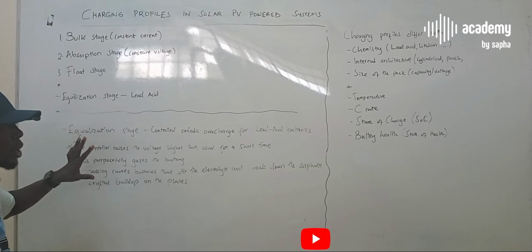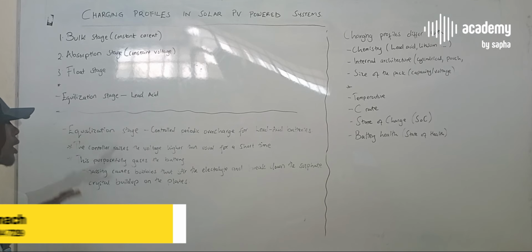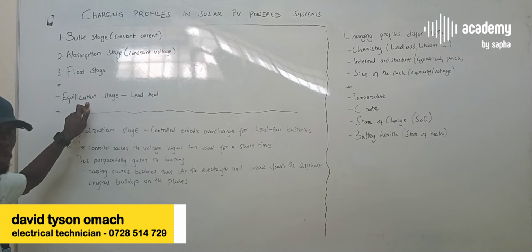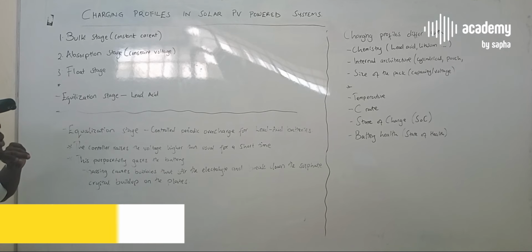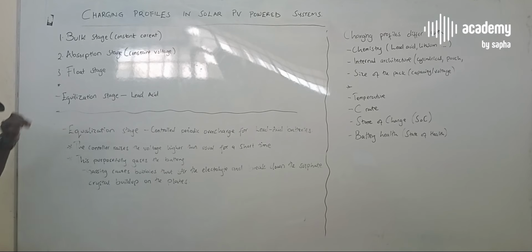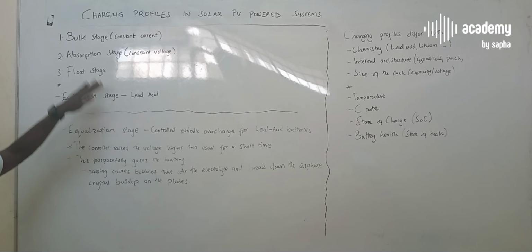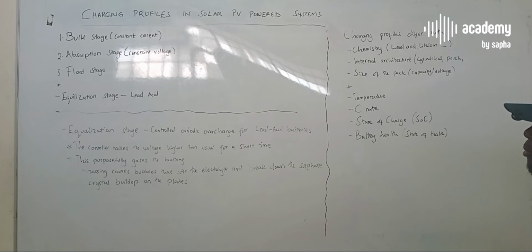If you can do it manually, you do it once, or if you have a programmable system, you program it, and it does the equalization stage. Now, in our next session, let's look at the battery types, the voltages of the different charging stages in the different battery types, and the effect of not following these charging stages for the batteries.